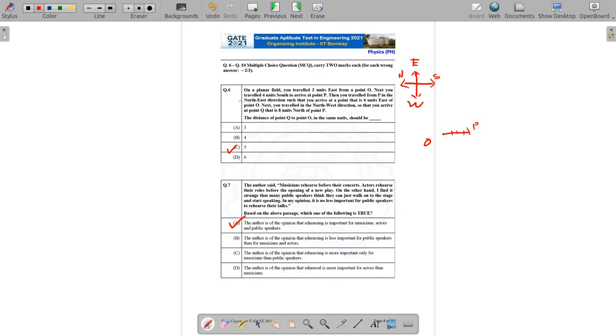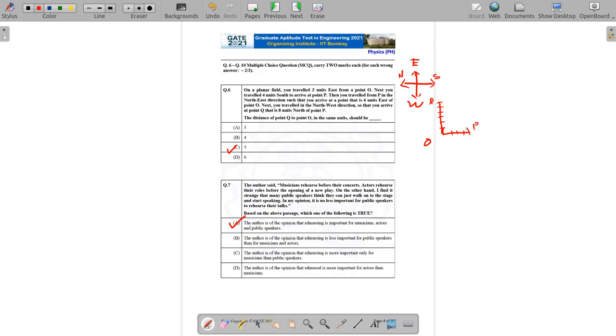You travel in the northeast direction such that you arrive at a point 6 units east from point O. You are arriving at this point, which is 6 units away from O, by traveling northeast from this point.